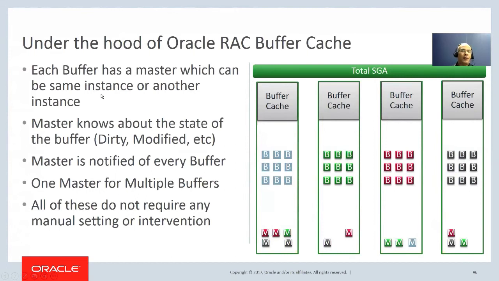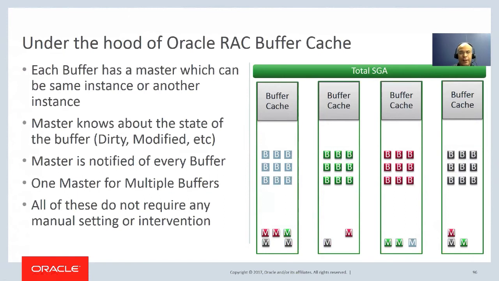Just to go over it once again, every buffer would have a master, which could be in the same instance or in some other instance. For example, the master for the brown block could be node 4, node 2, or node 1. And the master knows everything about that buffer. So when you keep updating and deleting records, and the buffer cache is updated, we actually know what's going on.